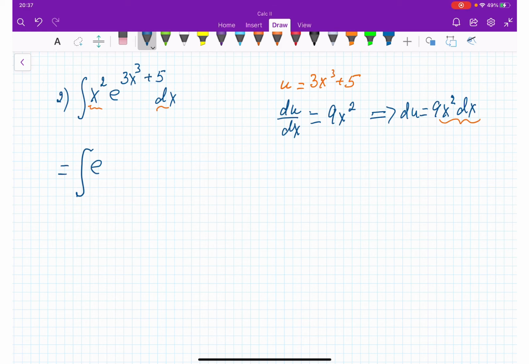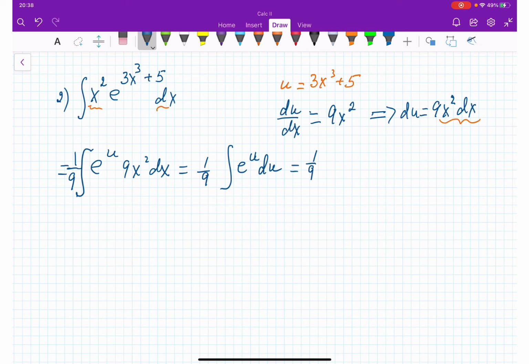E to the power 3x cubed plus 5, I'm going to write down u, and this x squared dx, since I need there to be 9, I am dividing by 9 also, and since it's a constant, I might as well just take it out right away. It's going to be equal to 1 over 9 integral of e to the u du.